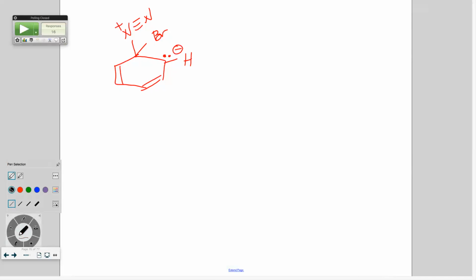If you're going to draw a resonance, you go from there to there and out to there. See what we did? We're starting at high electron density. Last time, the pluses were low electron density, so we started at the double bonds. Now we're starting at the negative charge, that's high electron density.